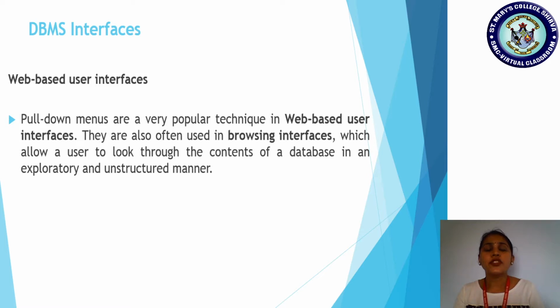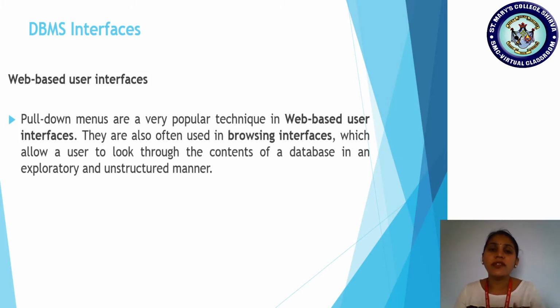You are jumping from one web page to another, and it may not be structured or ordered information. We can navigate from one web page to another, either within the same web page or external to it. So you are accessing the data in an unstructured manner.